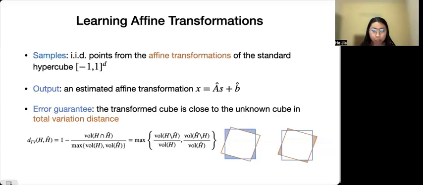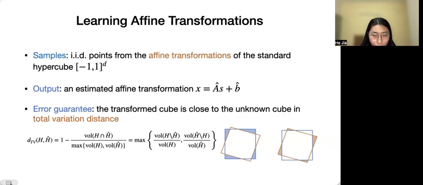Now let's see what the problem of learning affine transformations is. Our samples are i.i.d. points from the affine transformation of the standard cube. So the process is: we first take random points from the uniform distribution over the standard hypercube, so we take each coordinate uniform from -1 to 1. Then after we get a sample from the hypercube, we apply the unknown transformation to those samples.